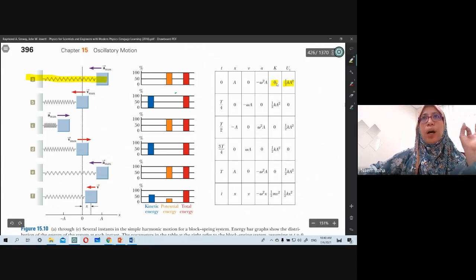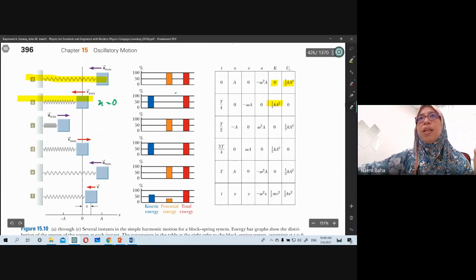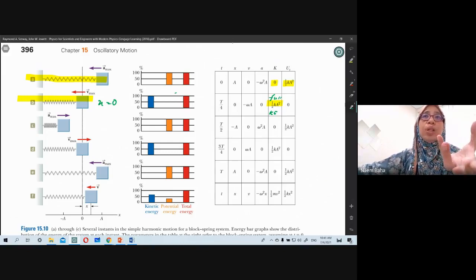Kinetic becomes 0, half mv squared is 0, at the largest displacement. And at equilibrium, x equals 0, the energy is fully kinetic energy. But in terms of the value, it is also equivalent to half K A squared. You can calculate either way.